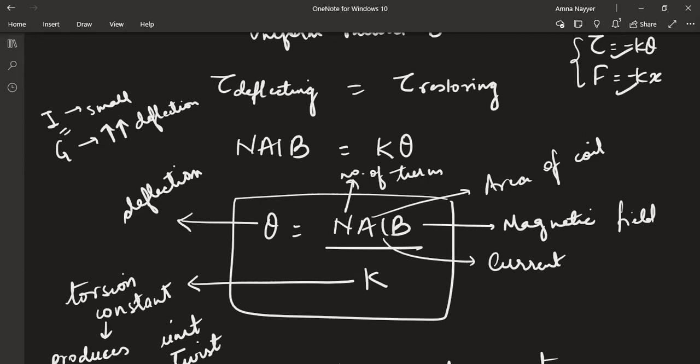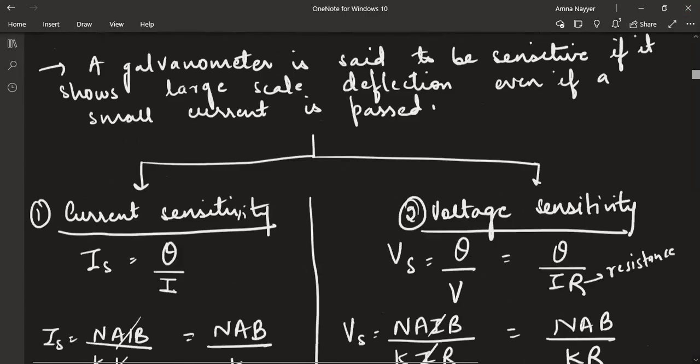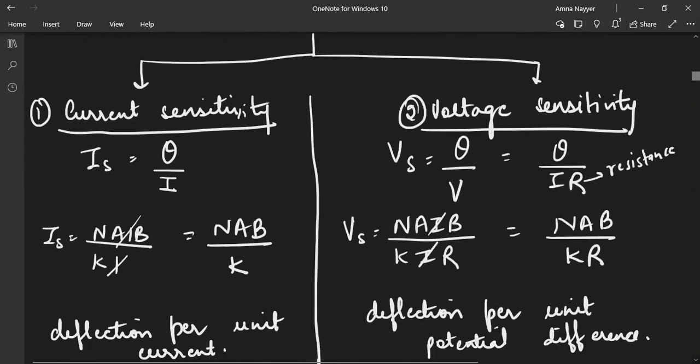So from here, deflection is written as NAIB by K: number of turns into area of coil into current into magnetic field, by the torsion constant. Now there are two types of sensitivities, voltage sensitivity and current sensitivity, depending upon the definition. Deflection per unit current is known as current sensitivity.